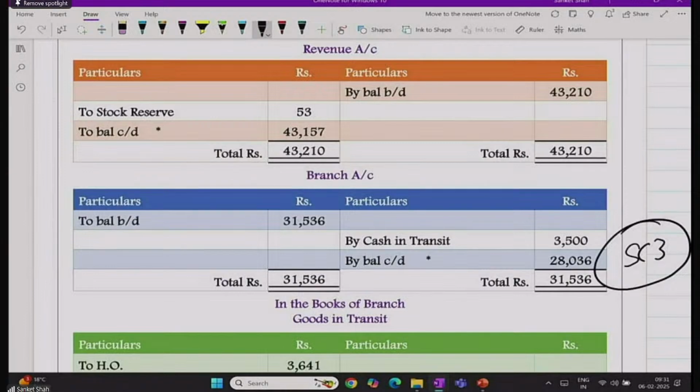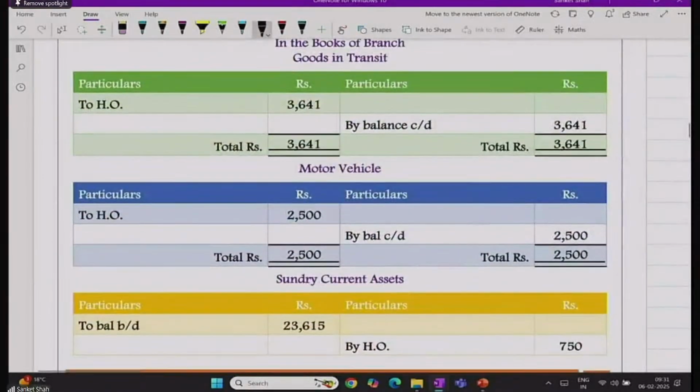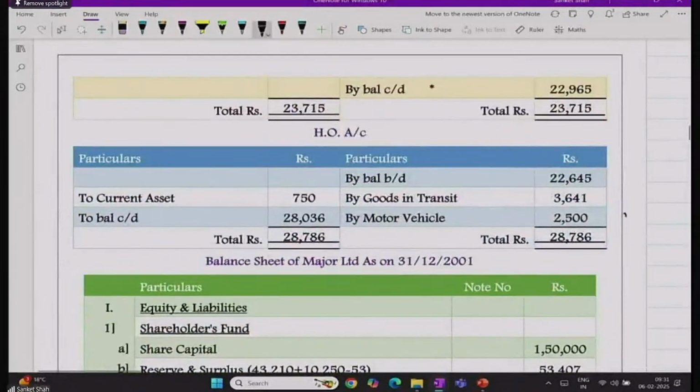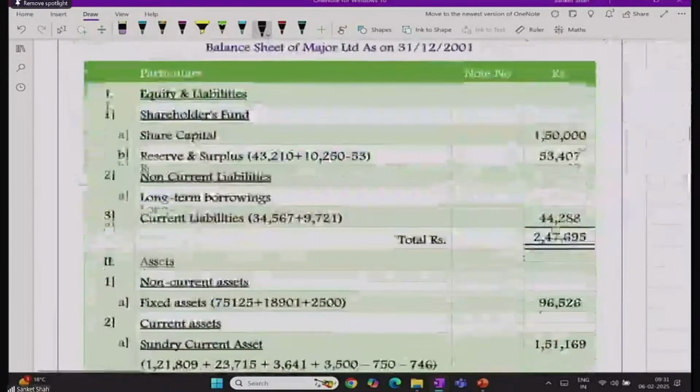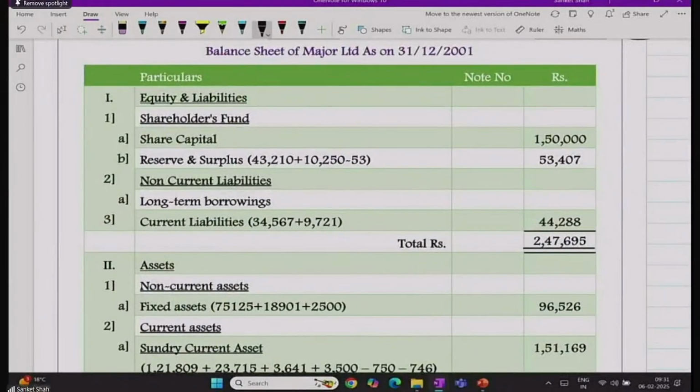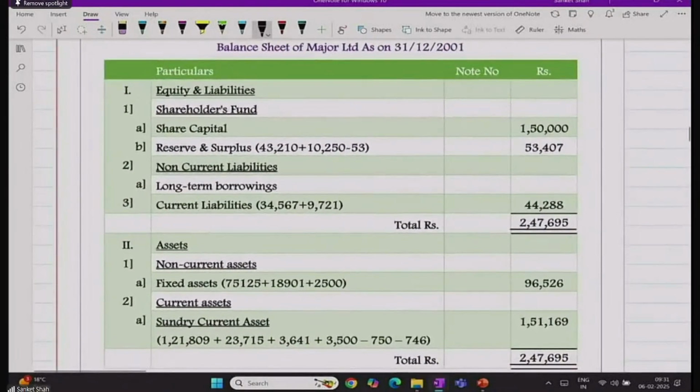Done, sir. 4. Done, sir. 5. Done, sir. Actually, is the balance sheet asked or not asked? Sir, no. Balance sheet.